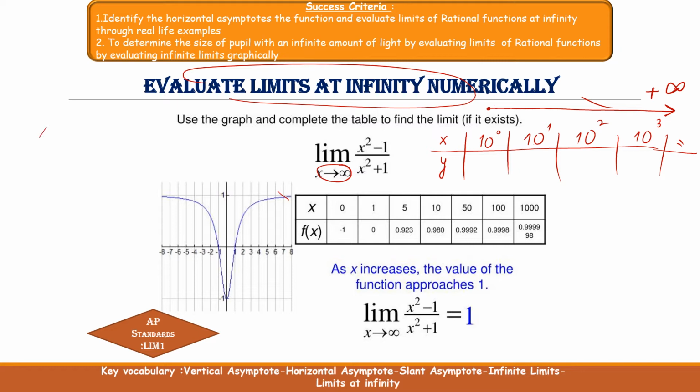Now, whenever you try to write about the left hand side, let me show you. Left side means you are going from the right to the left. So here we have minus 10 to the power of 0, minus 10 to the power of 1, minus 10 to the power of 2 and minus 10 to the power of 3.